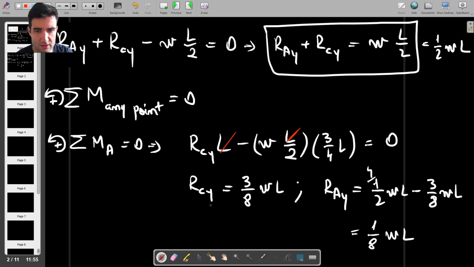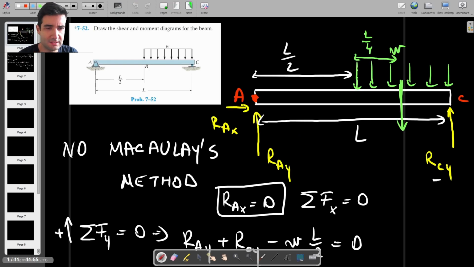And we found out essentially that the reaction force at C is greater than the one at A, even 3 times greater. And it makes sense for it to be greater because the distributed load is skewed towards the right hand side of the beam. So it's actually acting all the way along the right half of the beam.